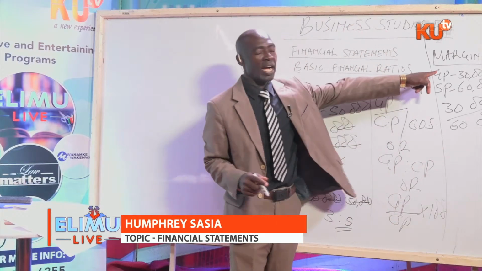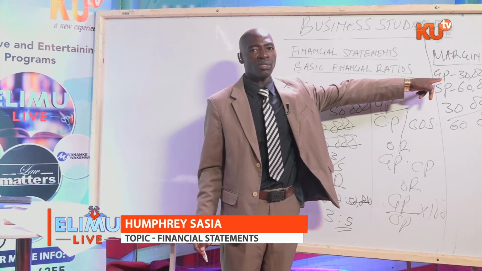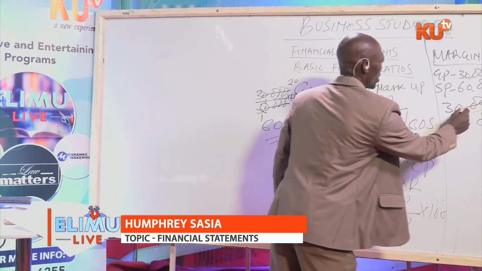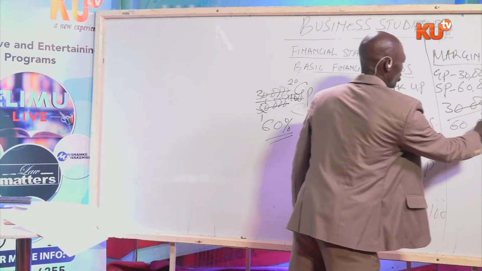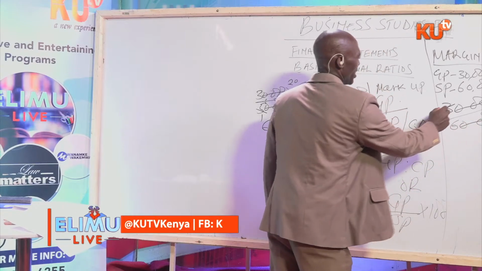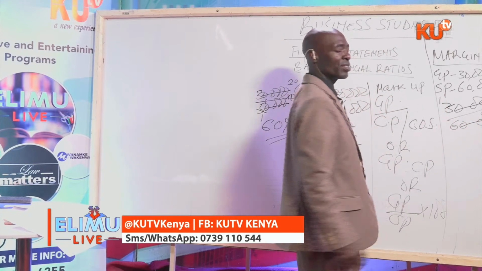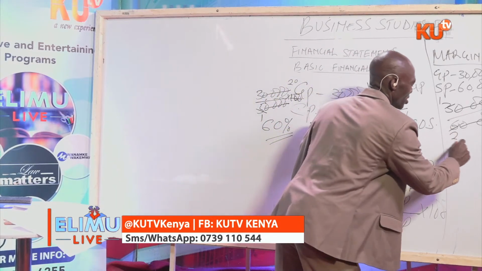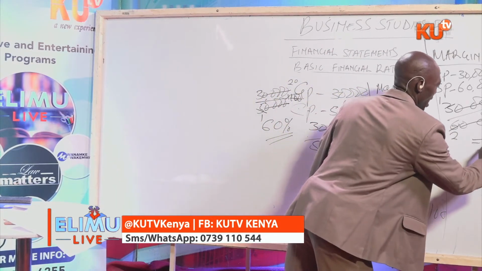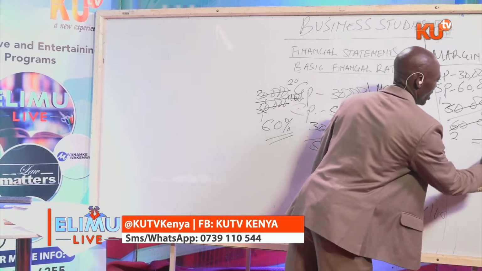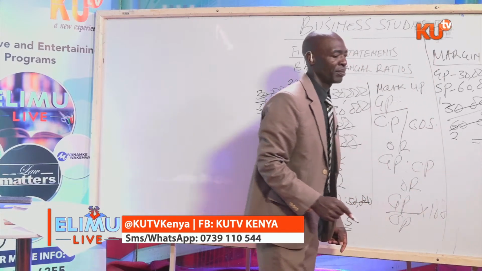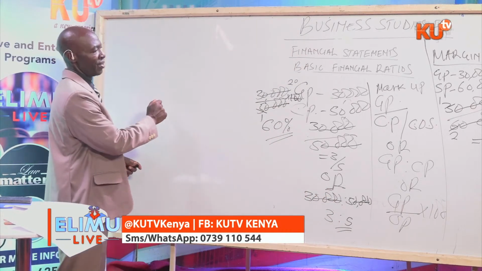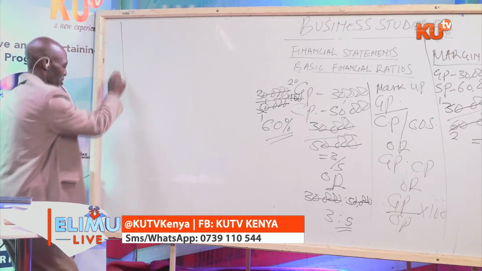That is margin as a fraction. So 30,000 over 60,000, you cancel four zeros. 3 cancels 3 once. 3 cancels 6 twice. So this is a half. Margin here is a half.